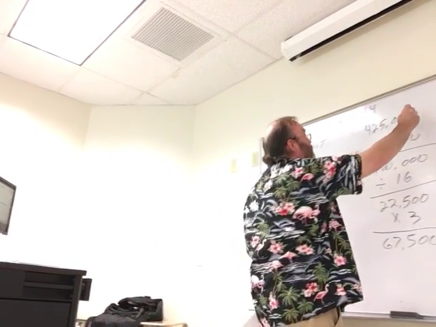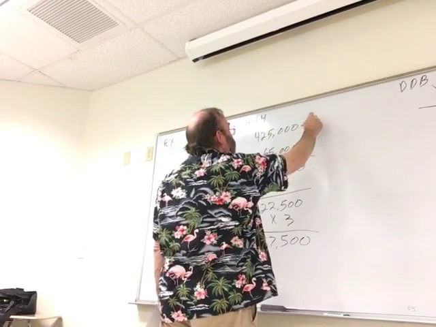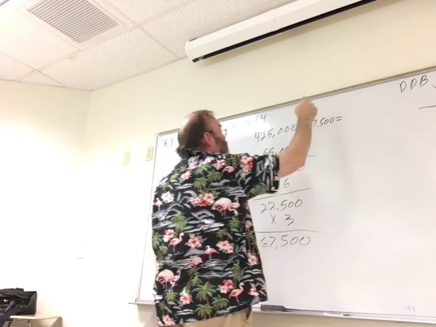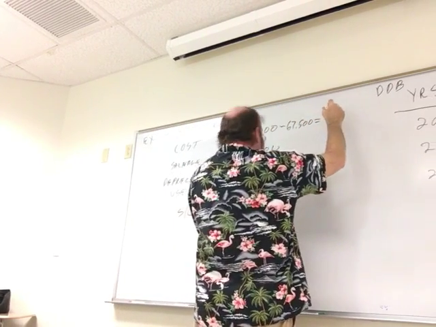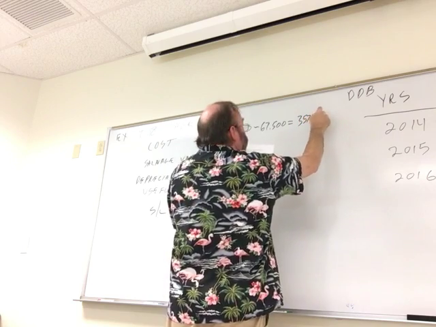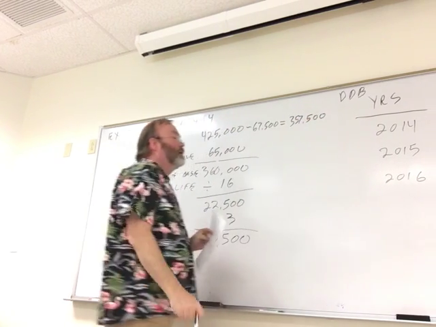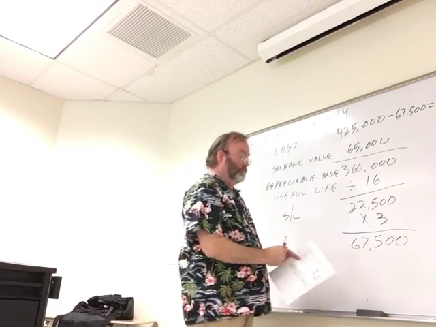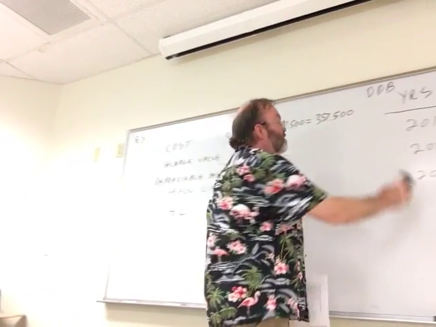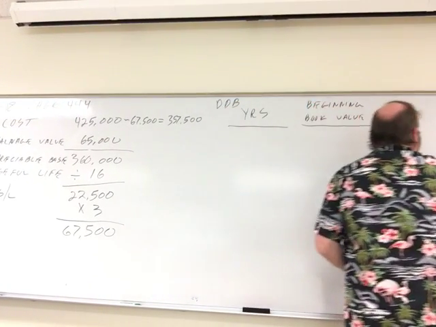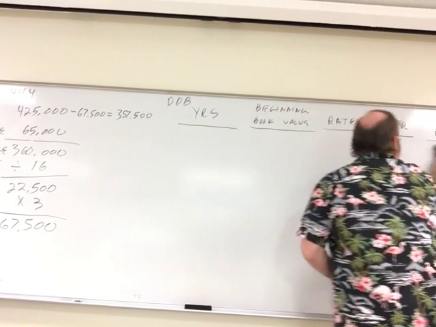If you subtract $67,500 from the original cost of the equipment, you get $357,500. That's the book value.